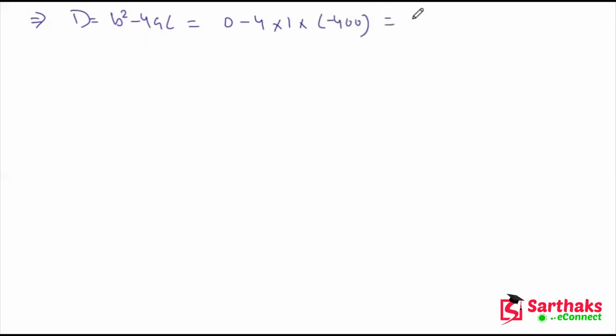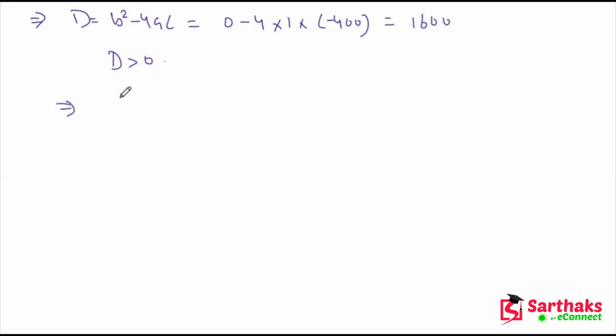And we get 1600. So D is greater than 0. Thus the equation will have real roots, and hence the desired rectangular mango grove can be designed.